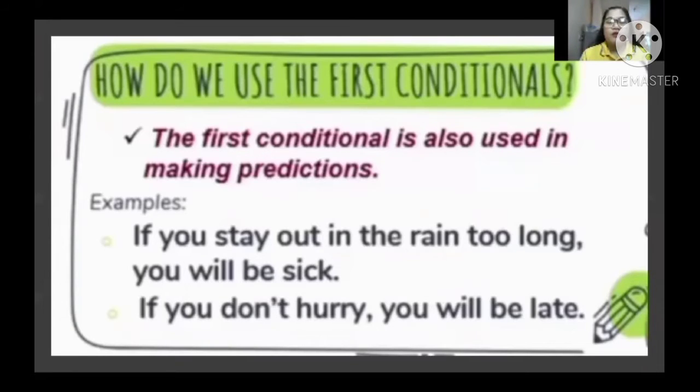The if condition in the simple present is stay, and then the simple future is will be sick. Another example, if you don't hurry, you will be late. The if clause in the simple present is don't hurry, and then the simple future main clause is will be late.